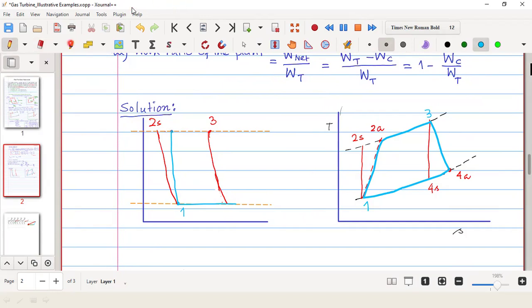And therefore 4 will be here, as 4a is here. So it is 4a, and this is 2a. Therefore, this is the side.